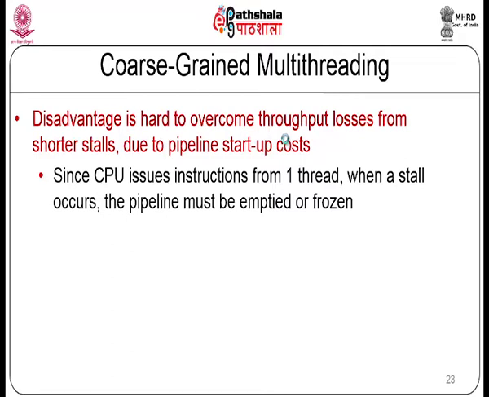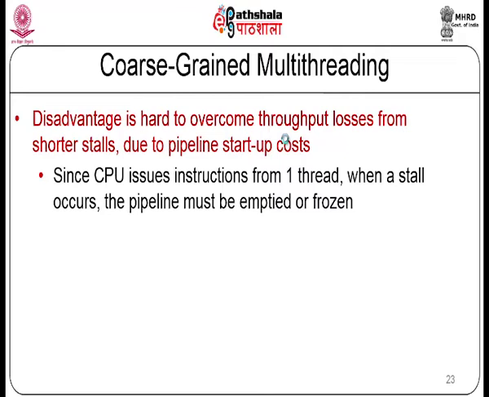Normally instructions only from that thread are prefetched. So when this thread stalls and you switch over to a different thread, you may not have instructions available for execution. You will have to go and fetch these instructions, so there will be time lost in filling up your pipeline.